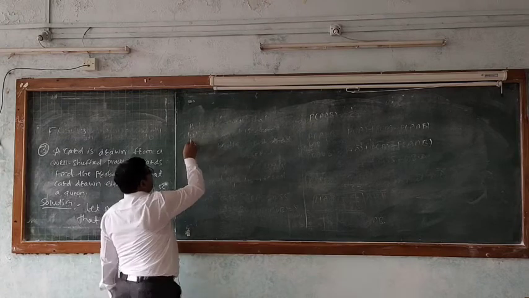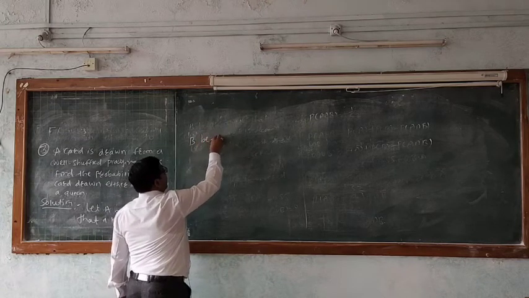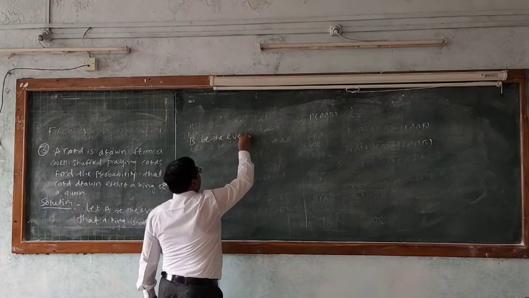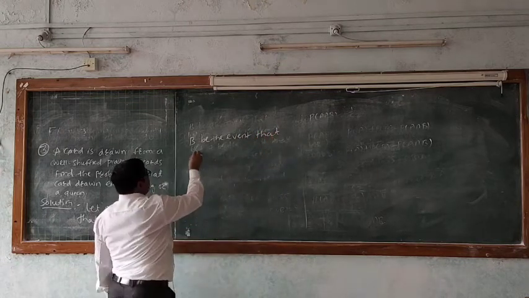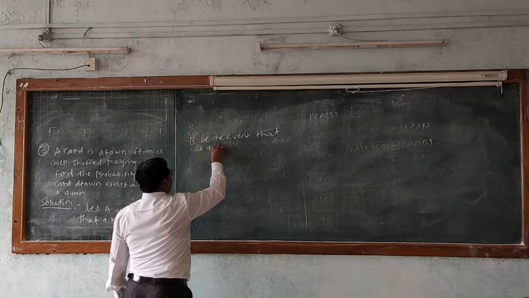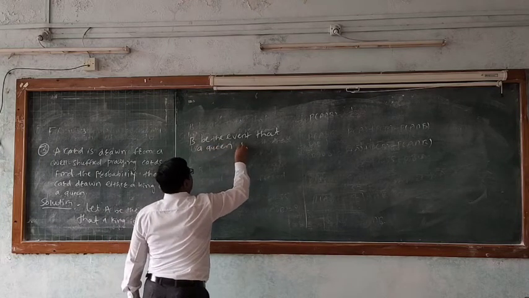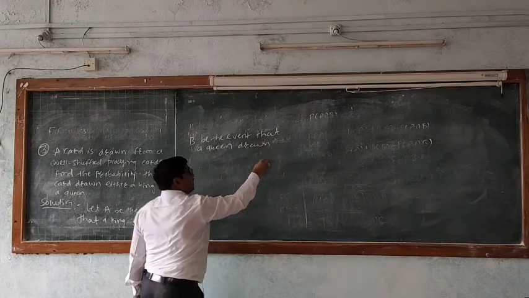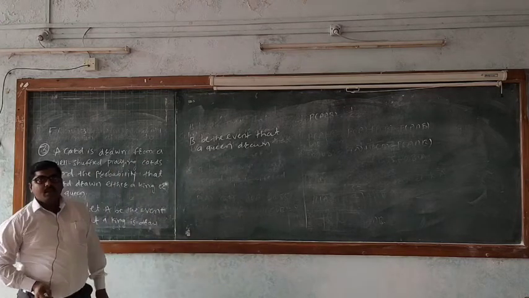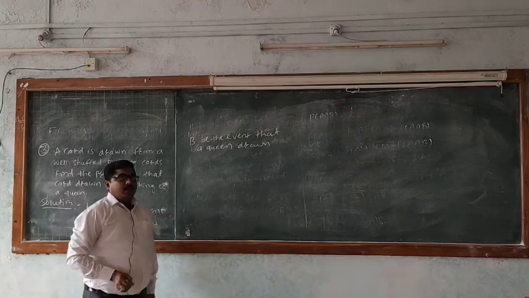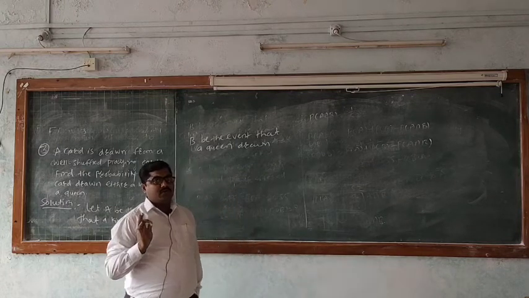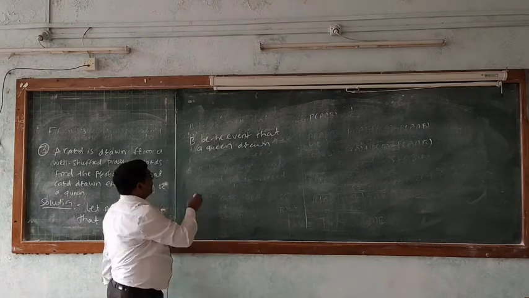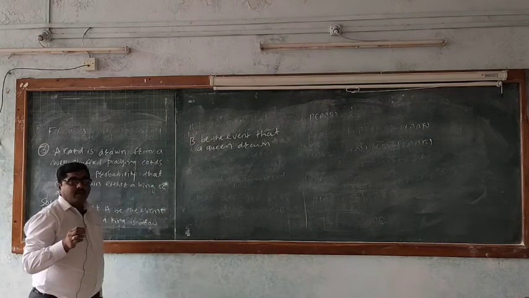Similarly, B be the event that a queen is drawn, right? Since A and B are mutually exclusive events, right?